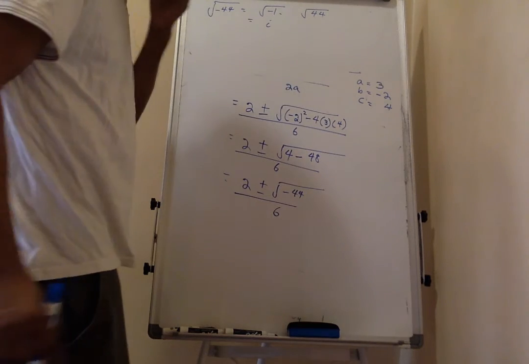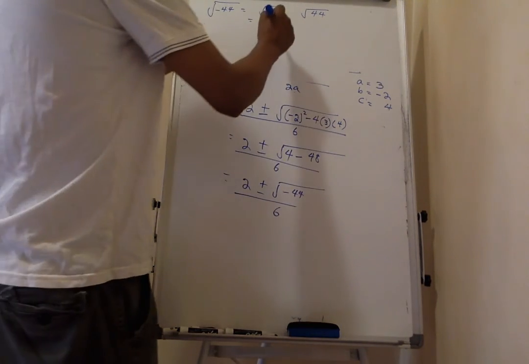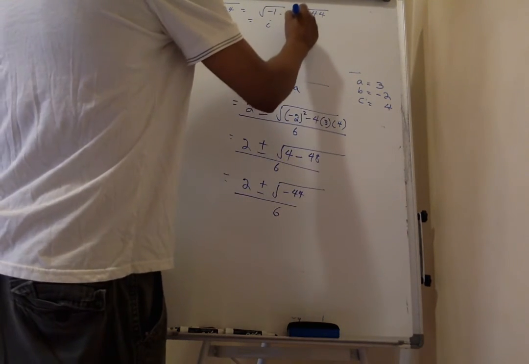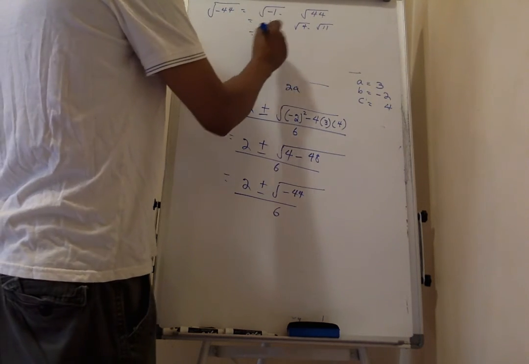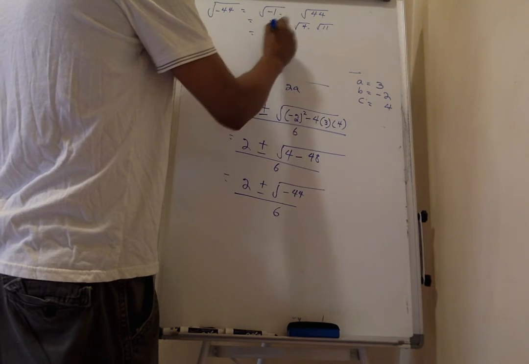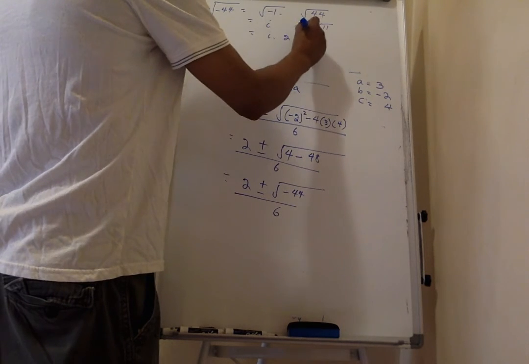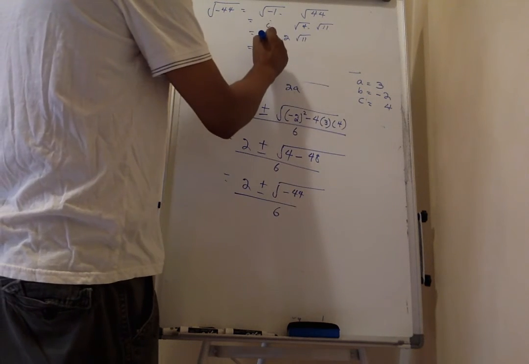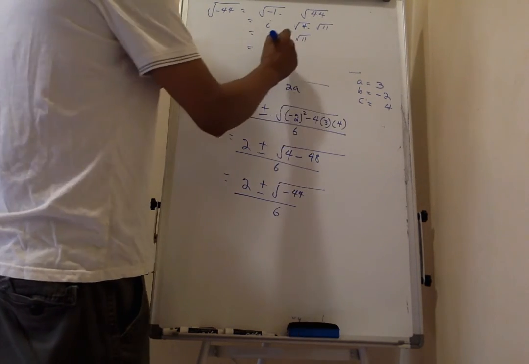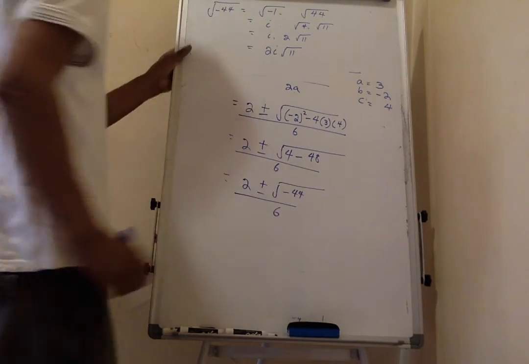And we can take a perfect square out of the square root of 44. You can say the square root of 4 times the square root of 11. So this one is i, this one is 2, the square root of 11. So we might as well make it more understandable: 2i times the square root of 11, right?